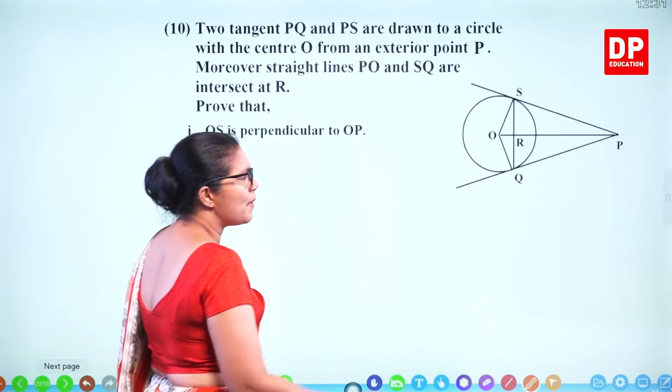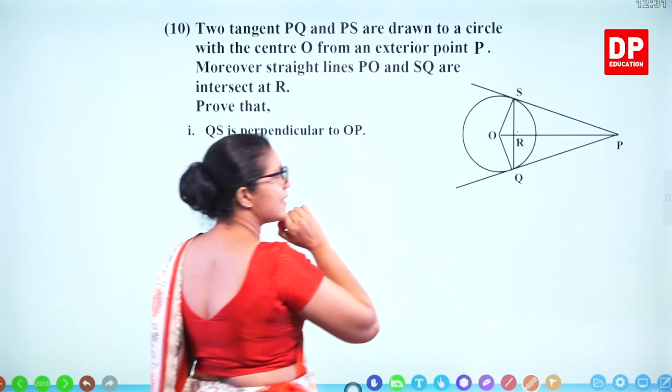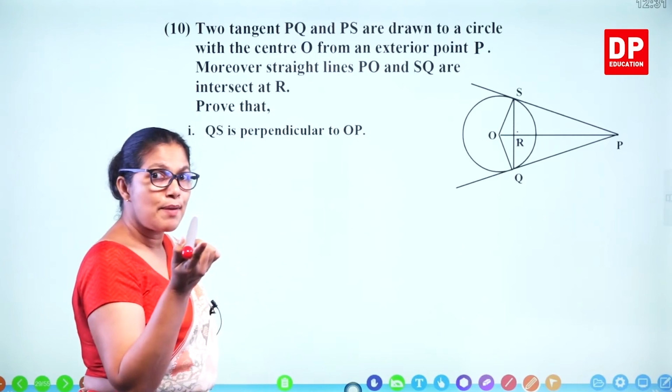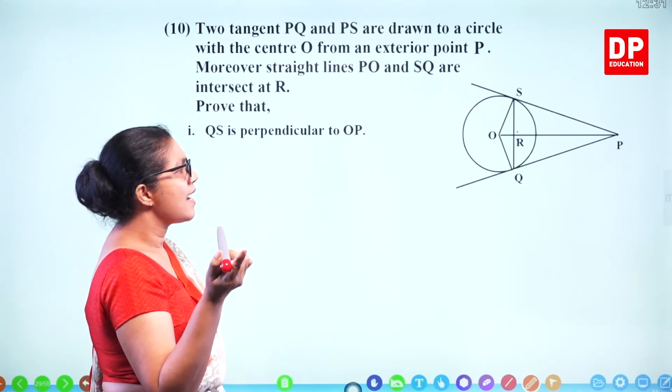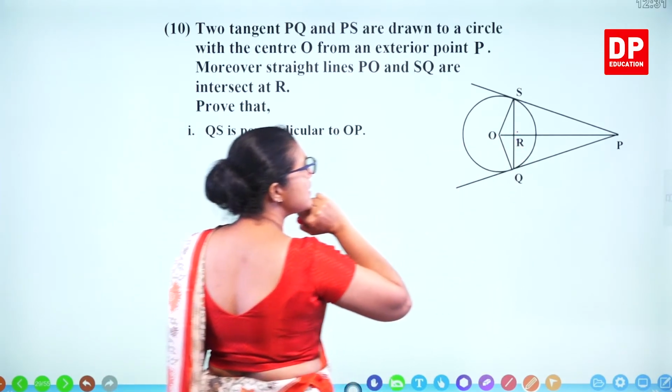To show that perpendicular, if we can show that this angle is equal to this angle, 180 divided by 2, we can say that's 90 degrees. So how can we show that this angle is equal to this angle?